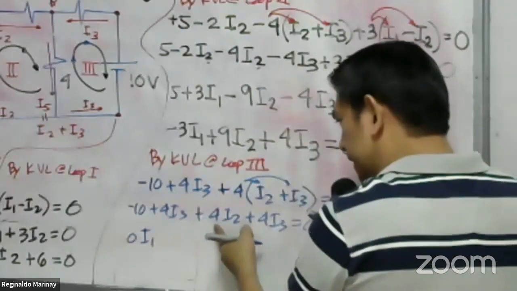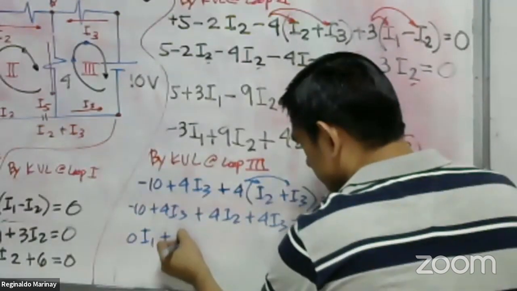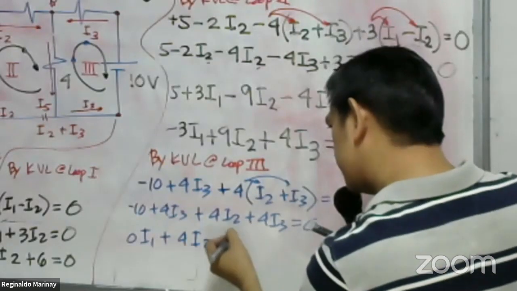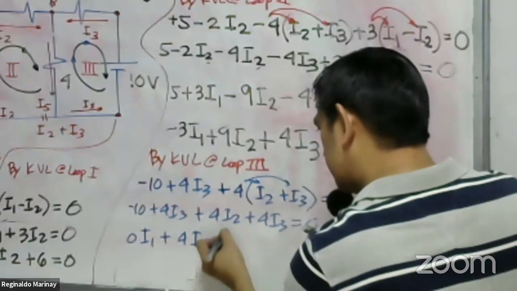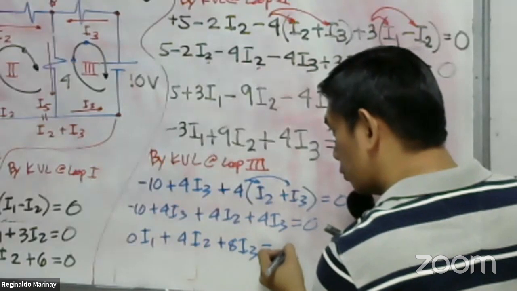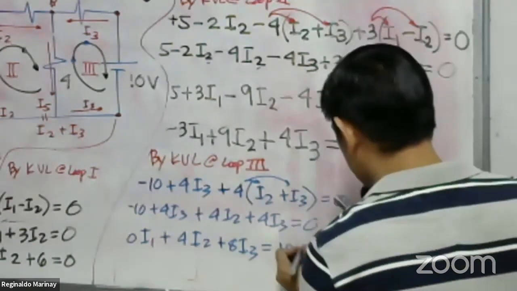What about our I sub 2? Plus 4 I sub 2. What about for I sub 3? This is I sub 3, this is I sub 3. So that will become 8 I sub 3. So that is equal to 10. So that will be our equation number 3.